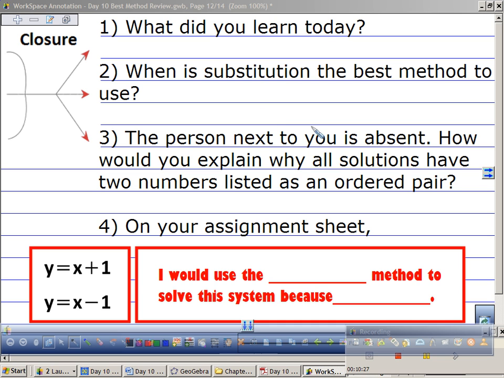Okay, the person next to you is absent. How would you explain why all solutions have two numbers listed as an ordered pair? Johnny, pick somebody. Andrew? Explain why all solutions have two numbers as an ordered pair.